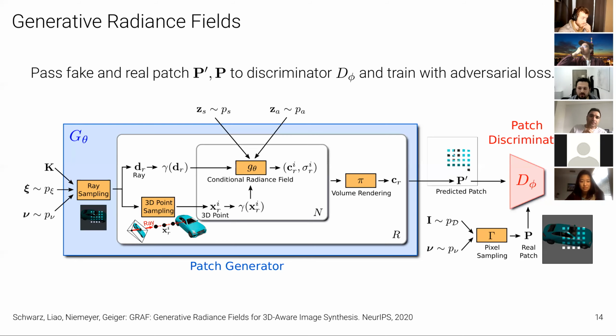Just as I said, we didn't try it actually. But if I remember correctly, there's currently an arXiv paper, PiGAN, which does something similar. The setup is similar, and I think they actually do it.